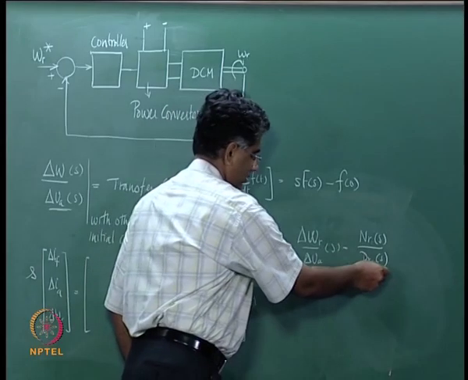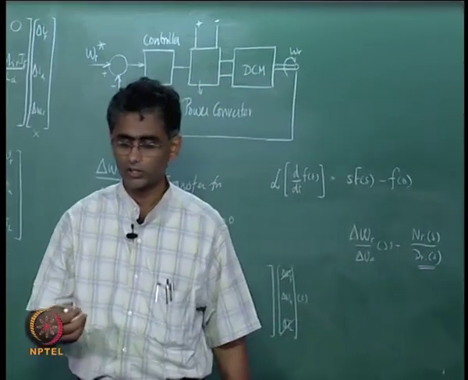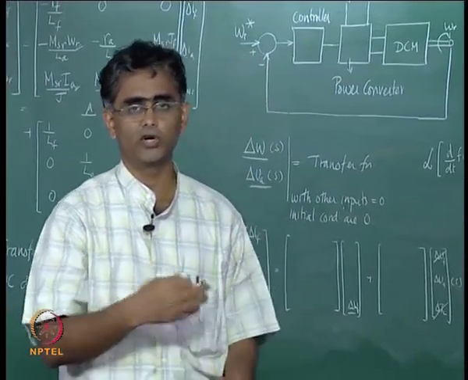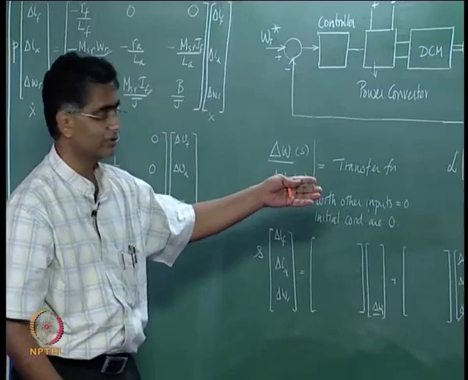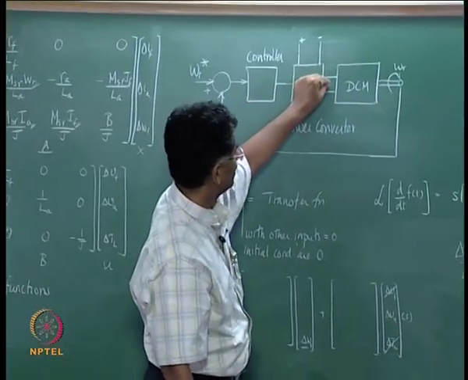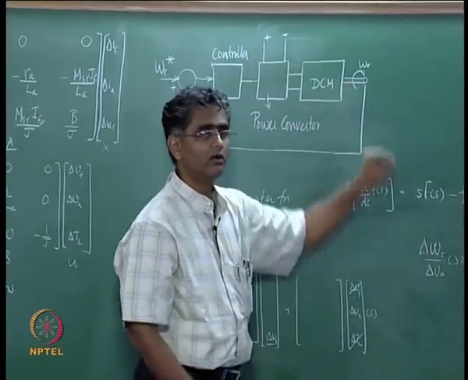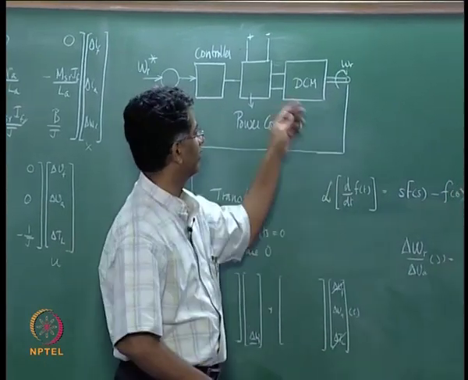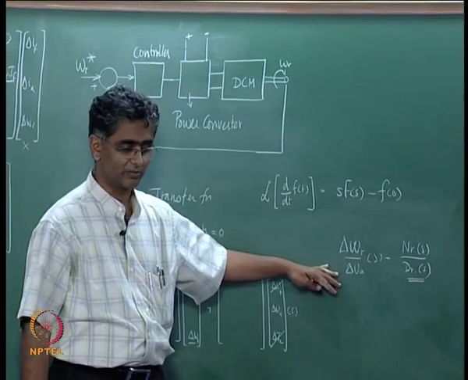And if you now find out the roots of the denominator, one can see where the roots are and whether the system is going to be over damped or under damped, oscillatory or not. All those informations can be obtained from this. That means if you change the armature input voltage by a small amount, whether the speed will be an over damped response, whether it will oscillate and settle down, all that kind of information can be obtained from this expression.